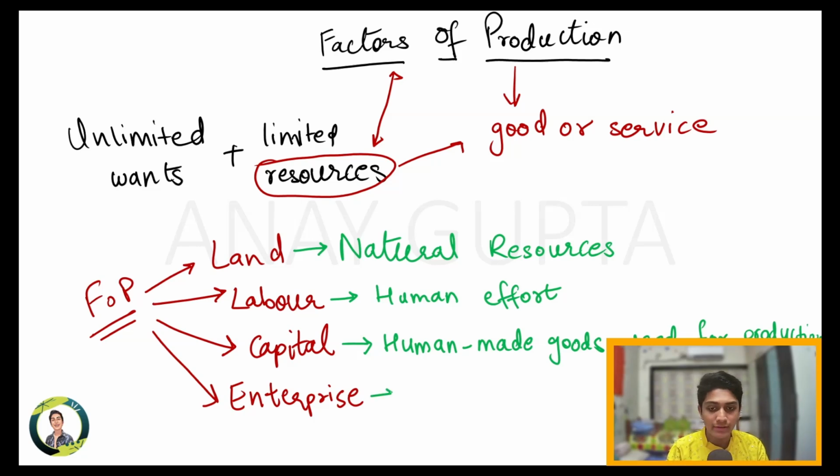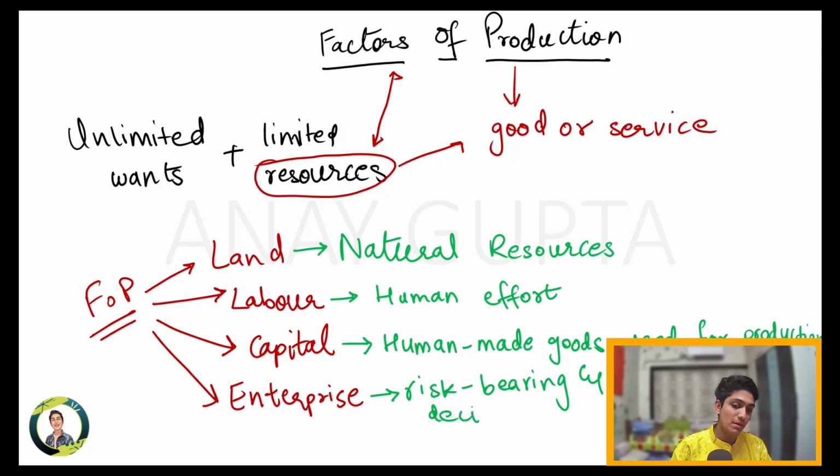And enterprise, sorry, enterprise is the risk bearing and decision making in the business. So it's basically the presence of the entrepreneur or the businessman, right? Because without the businessman, without the CEO, the company or the firm cannot really produce.